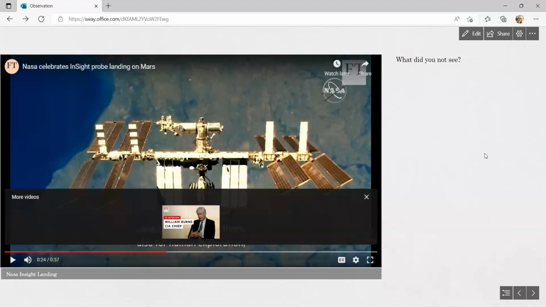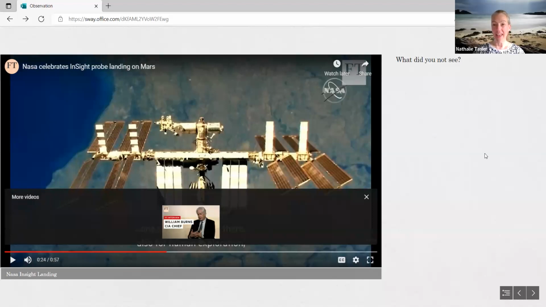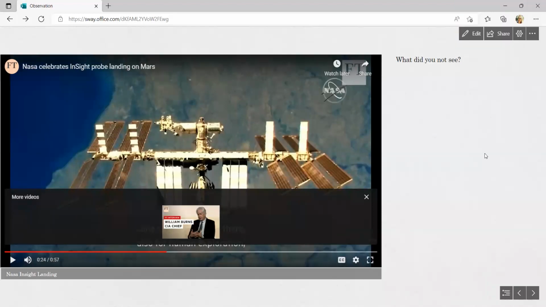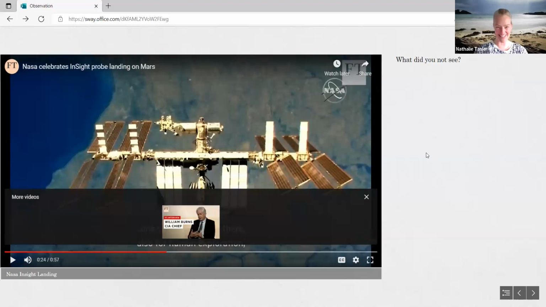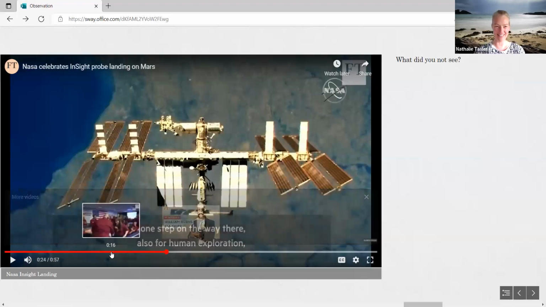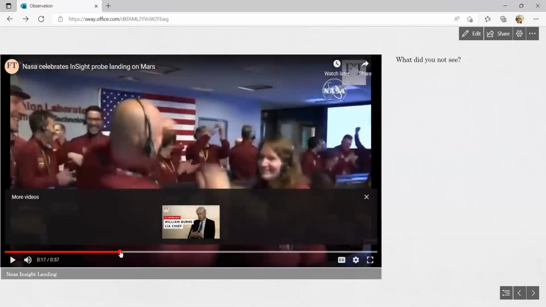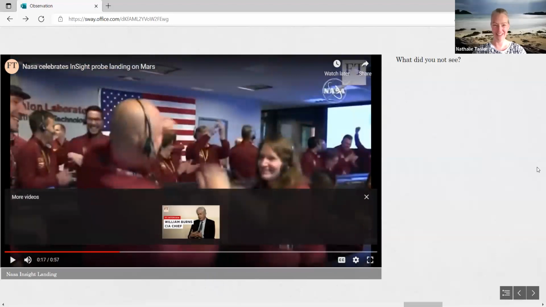They're smiling, laughing. And did you notice the little fist bump? Did you notice these people here doing the little fist bump movement? Did you notice something else?